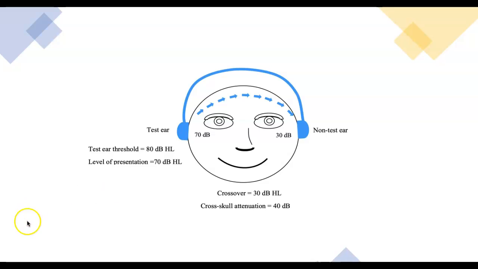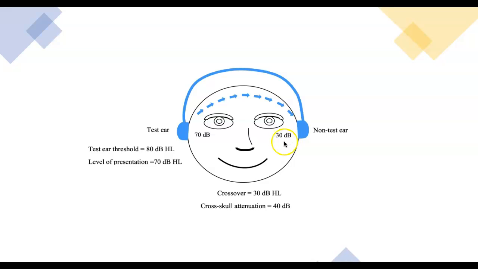So here's an example. Let's take a look here. We're going to assume a level of cross-skull or interaural attenuation of 40 dB. Okay. So if the threshold in this ear, the test ear, is 80, and we present the tone at 70, 30 dB can get to the non-test ear.